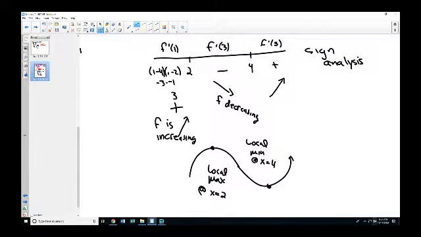Look easy enough? Sure. No. So, looking for local min-max, set derivative equal to 0, do a sign analysis. Okay.